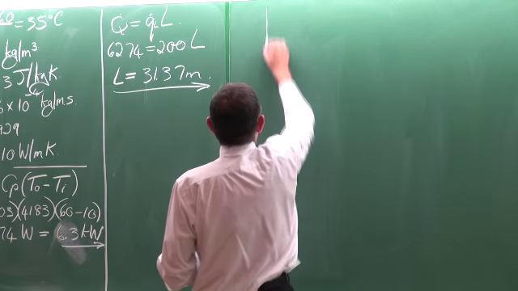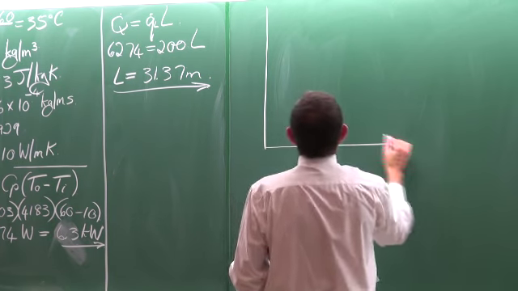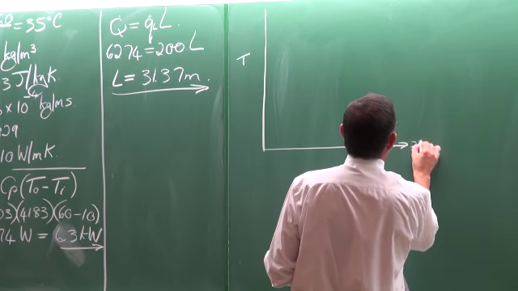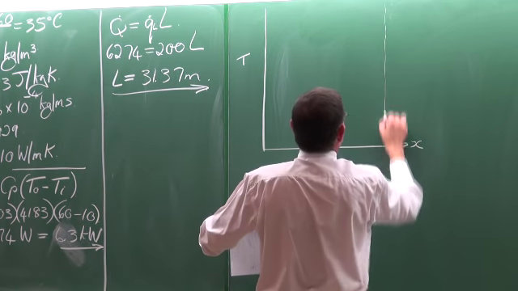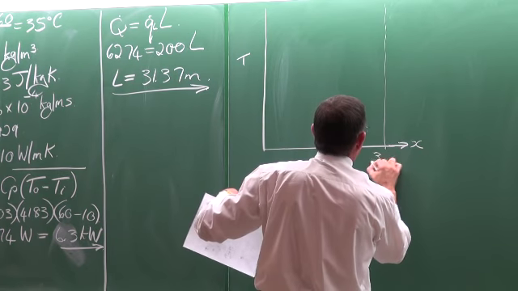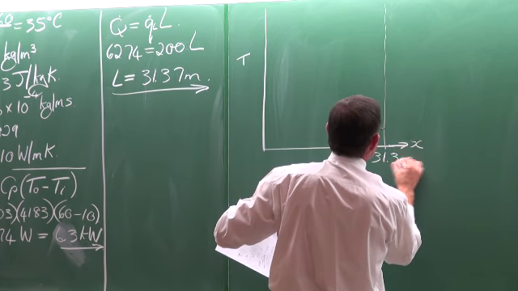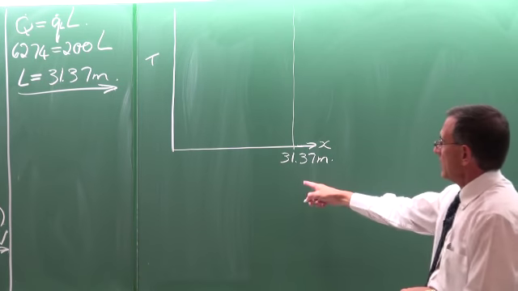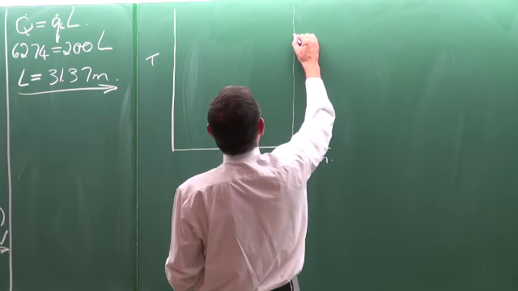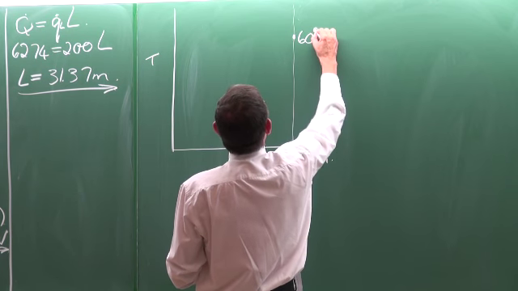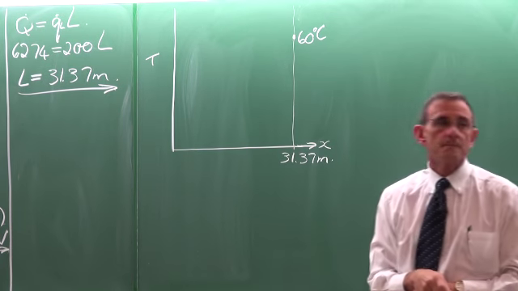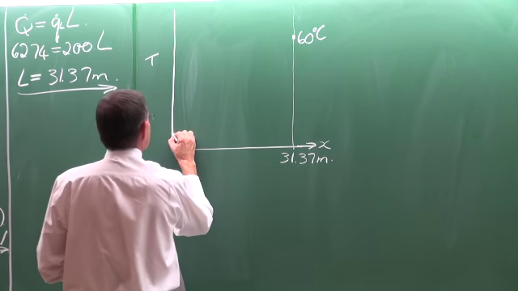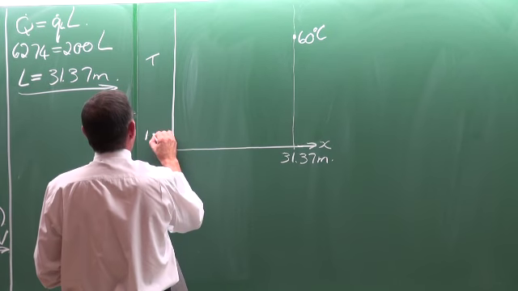So, in this system, if we now look at the temperature as a function of x, then at a length of 31.37 meters, at that length, the temperature will be 60 degrees Celsius. Okay. And the inlet temperature was 10 degrees Celsius.